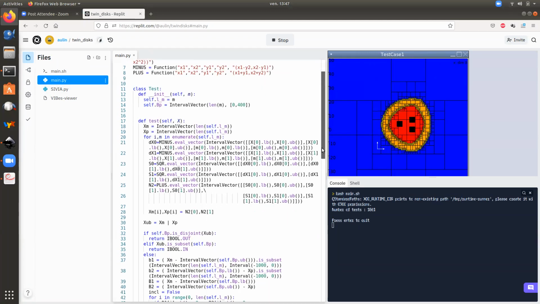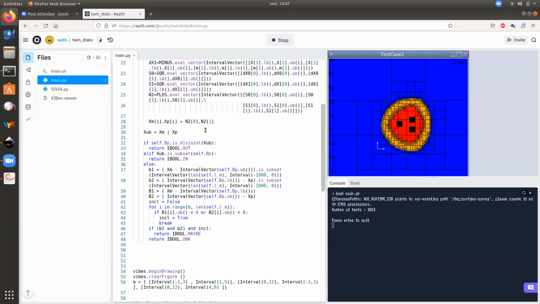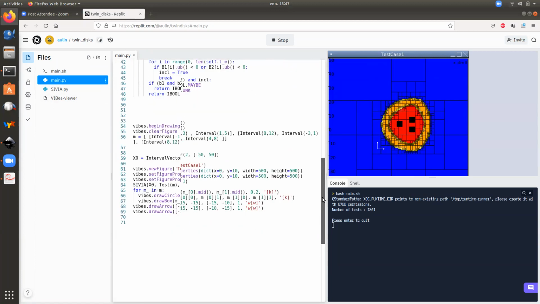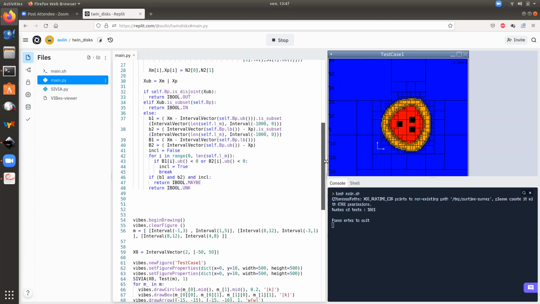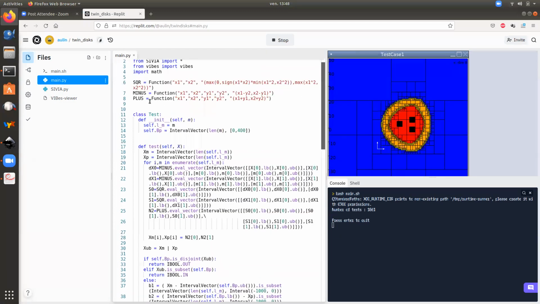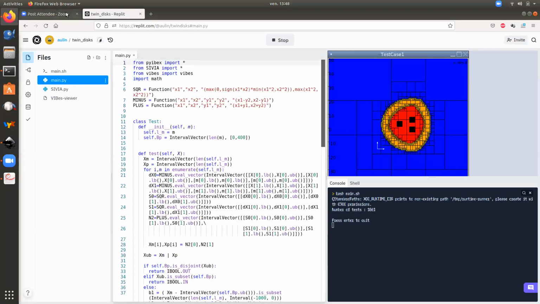Inside, we use the algorithm, which is not so long. It's quite easy to understand from the arithmetic. Here you can see the square, and for the interval part we use PyIbex, a Python version of IBEX. So it is quite easy to implement as soon as you have classical interval arithmetic already implemented.